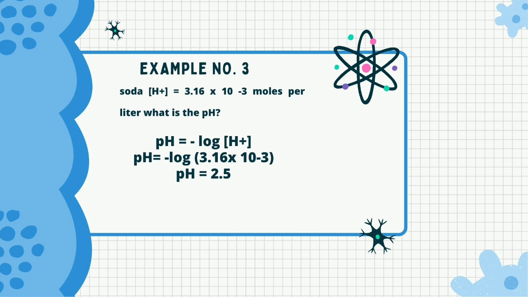So for the last examples, we have example number 3, the soda. Soda has a concentration of H plus ions is equals to 3.16 times 10 to the power of negative 3 moles per liter. So, ang gipangita na po there is the pH. So, pH man ang gipangita. Pangitaon na to.